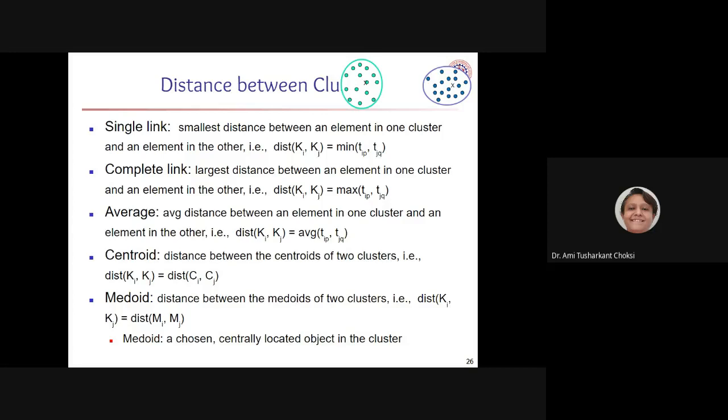A medoid is a chosen, centrally located object in the cluster.